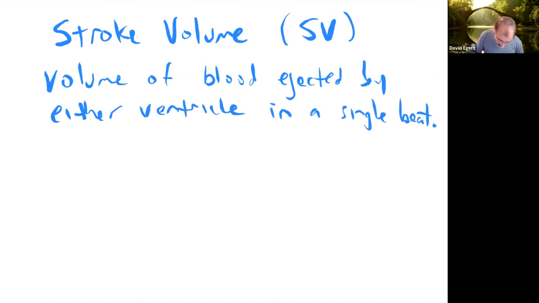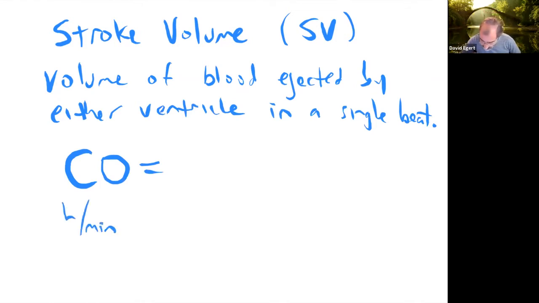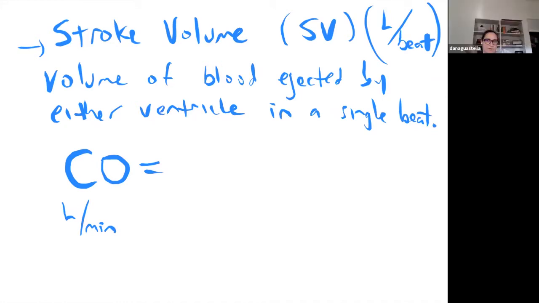So then the relationship between cardiac output and stroke volume is going to be pretty straightforward. Remember, cardiac output was liters per minute. This is going to be liters per beat. So if I know the stroke volume, I know how many liters per beat, but I actually want to know the cardiac output, the liters per minute. How am I going to get that? Find out the beats per minute.